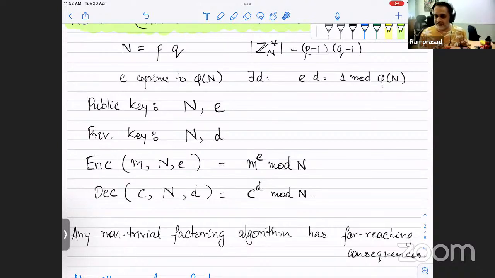Any such heuristic is therefore something you need to take very seriously, because those are what tell you how large P and Q should be when choosing your private key. Maybe around 10 years back, P and Q could just be 512 bits or 1024 bits. But nowadays, when you choose RSA, you end up choosing something like 2048 bits or 4096 bits.